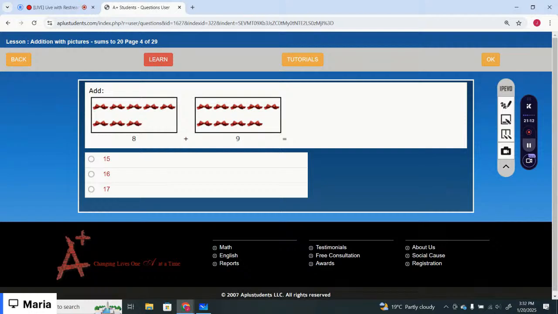8 plus 9, which is the correct option? That is 17. The correct option is 17.